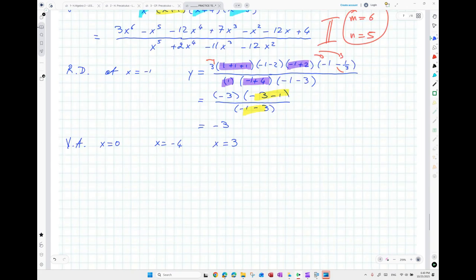So I'm going to divide by x to the 5th plus 2x to the 4th minus 11x cubed minus 12x squared, the following: 3x to the 6th minus x to the 5th minus 12x to the 4th plus 7x cubed minus x squared minus 12x plus 4.